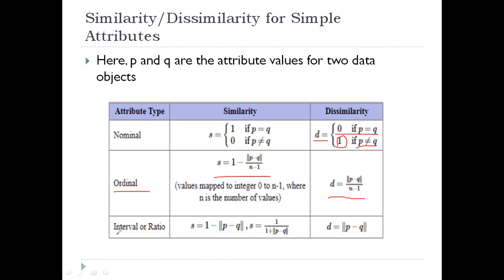Right? And the third attribute type is interval or ratio attribute type.